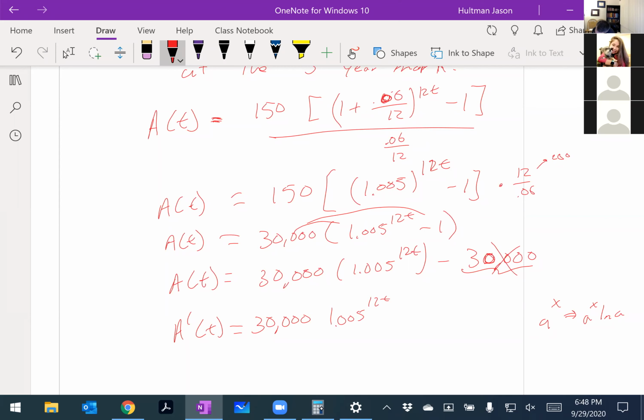So this is just going to be 1.005 to the 12t times the natural log of 1.005, times 12. Now, where did that 12 come from?